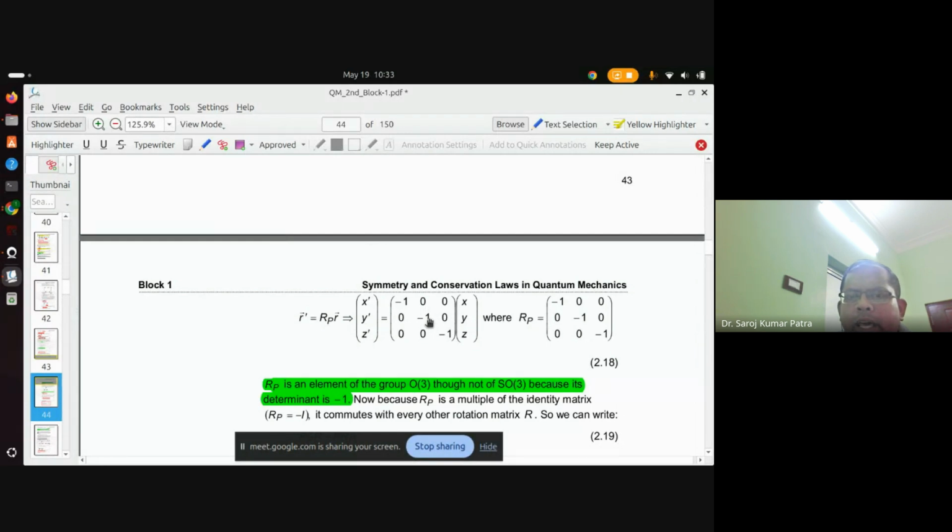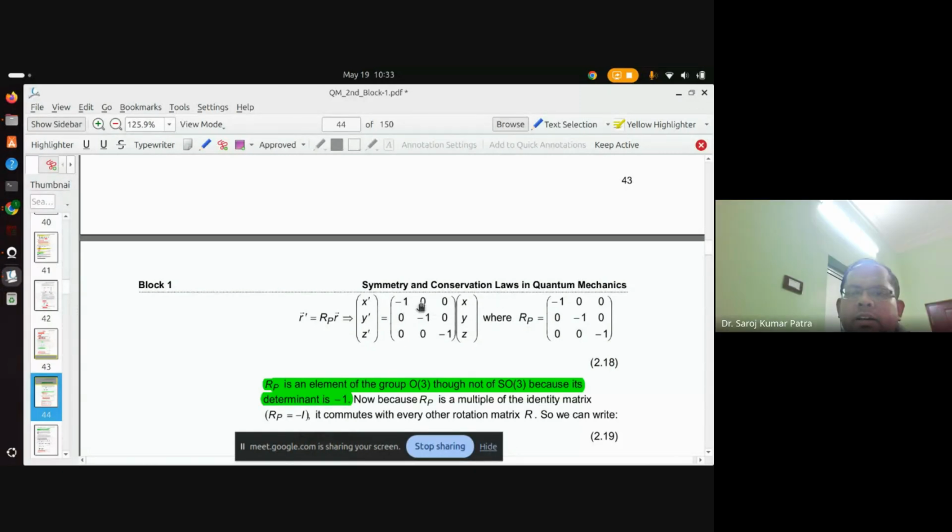So if you use this form, can somebody multiply this matrix, minus 1 0 0, 0 minus 1 0, 0 0 minus 1, into the same matrix? Can you quickly work it out right now? It is just matrix multiplication, and see what exactly you are getting.